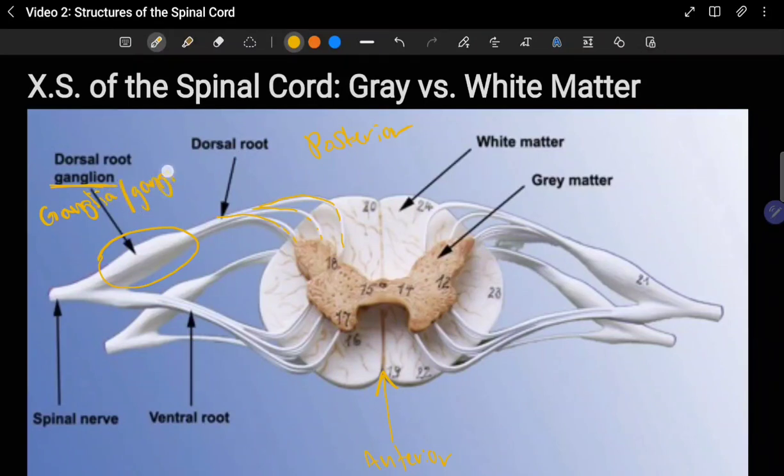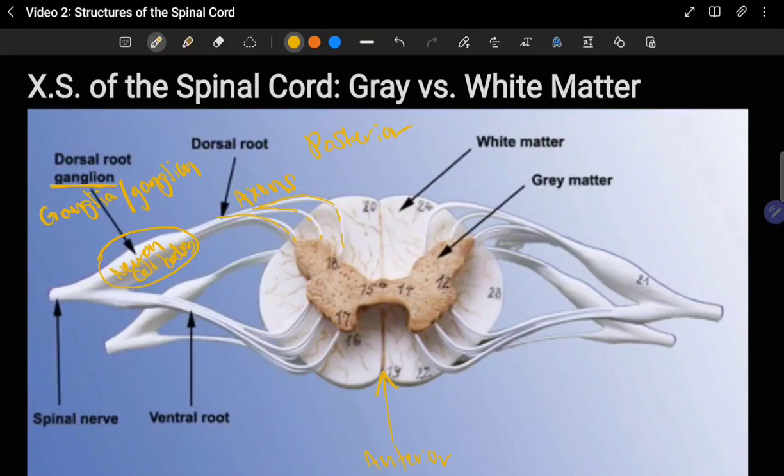Ganglion for singular. So to recall, a ganglion is going to be a group of neuron cell bodies. So in this area, we have our neuron cell bodies. And then these strands here are going to be our axons. Many, many fibers of neuron axons. So that's going to be dorsal root and dorsal root ganglion.